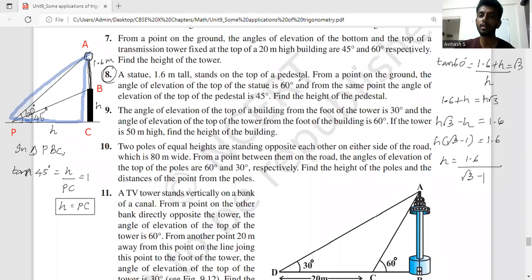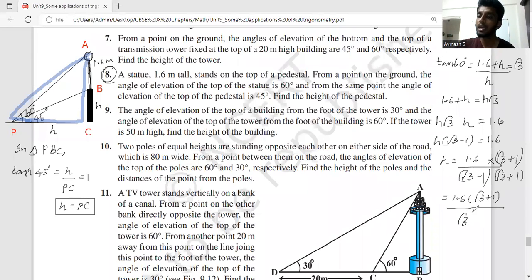So this is something that you need to understand. So now we need to do the conjugate step, which is root 3 plus 1 and root 3 plus 1. Why we are taking the conjugate is because the denominator has an irrational part. So we are doing root 3 plus 1 in the numerator as well as the denominator. So now this becomes 1.6 into root 3 plus 1 divided by, the denominator looks like a plus b into a minus b.